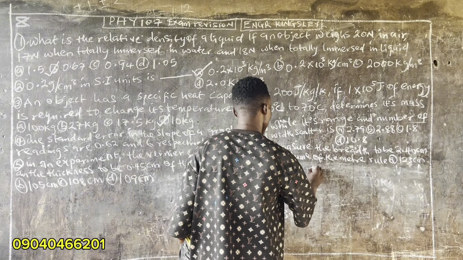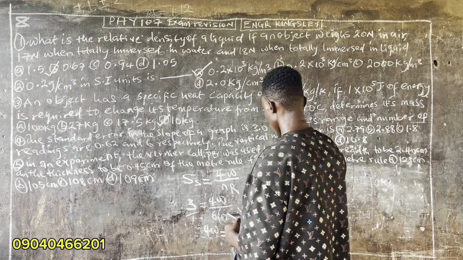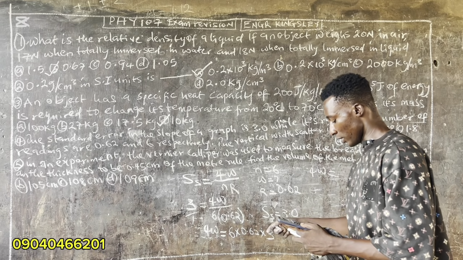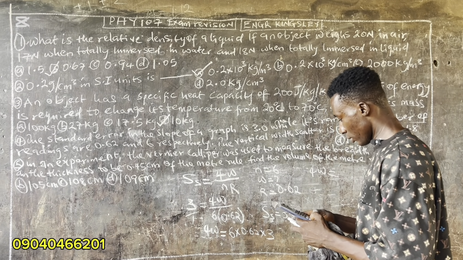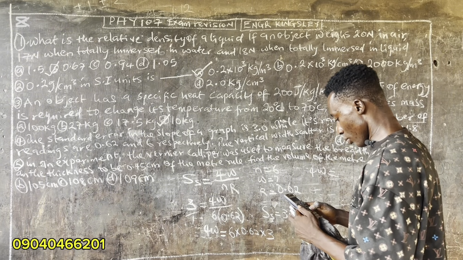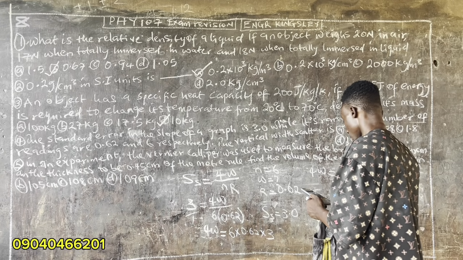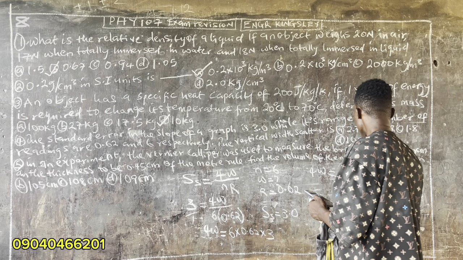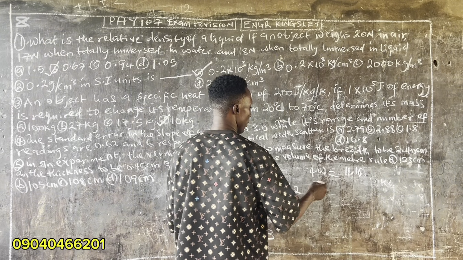So we have 4W equal to 6 times 3, which is 18, times 0.62, which gives us 11.16.